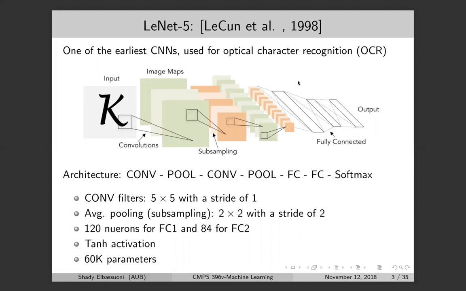And then the fully connected layers also have weights, so you can do the math and get to 60,000 parameters. So not a lot of parameters, it's a reasonably small neural network. Okay. So that was really one of the first convolutional neural networks. I'm just showing it to you for historical reasons. You will never be using LeNet, and nobody uses LeNet anymore.